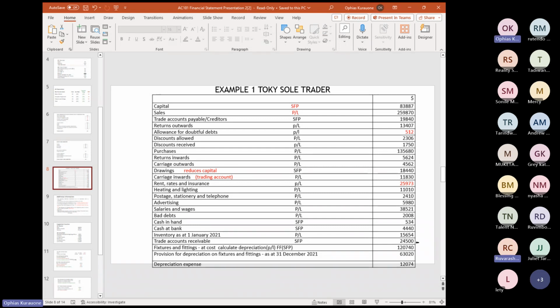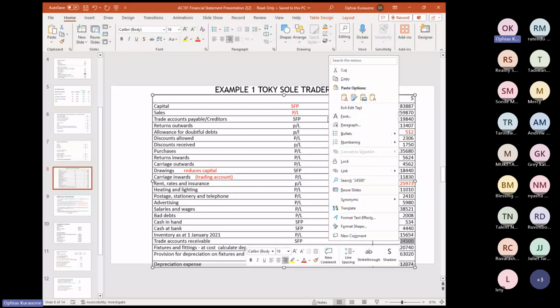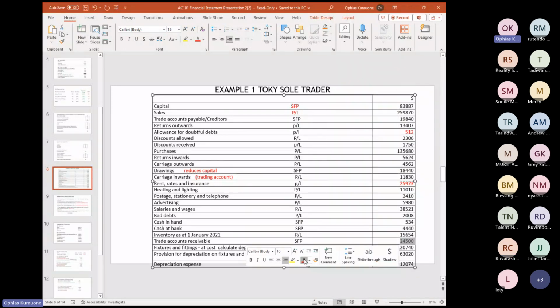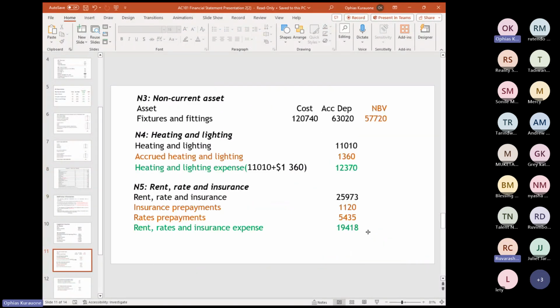So we say 3% of 24,500. Then we compare which one is bigger than the other one, which one is greater. Then we subtract to get the increase or decrease.